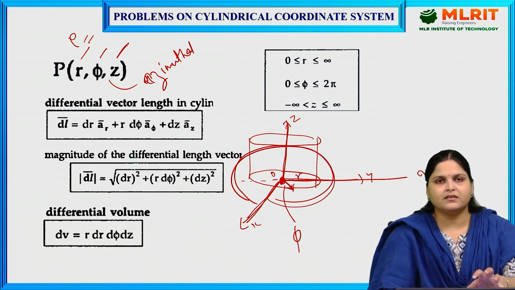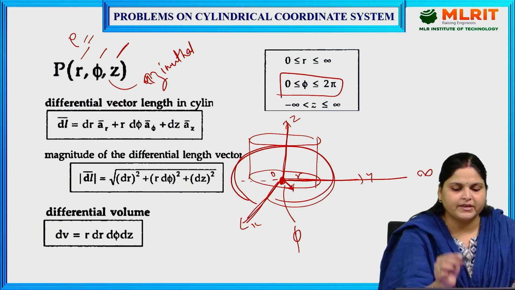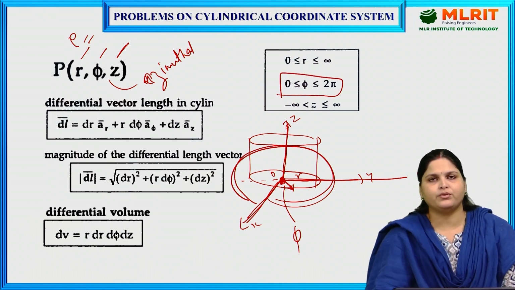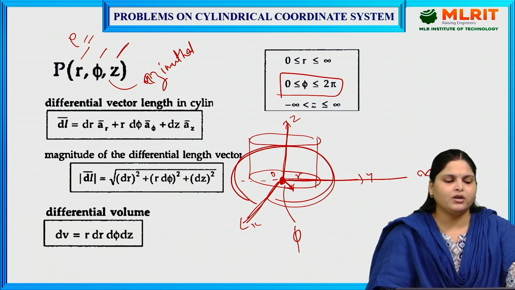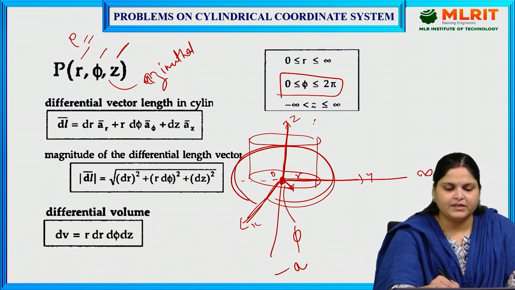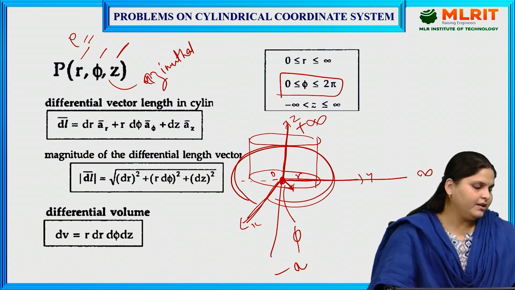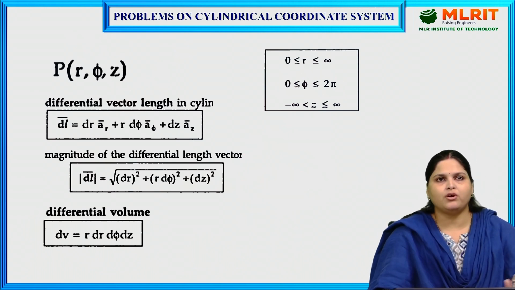Means this entire circle is of 360 degree, means it ranges from 0 to 2 pi, 0 to 360. If we talk about z range, it will be extending from minus infinity to plus infinity. So these are the coordinates and ranges of these coordinates.